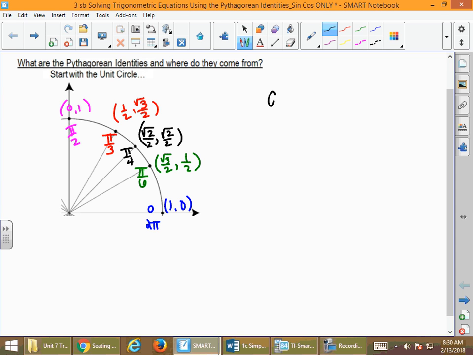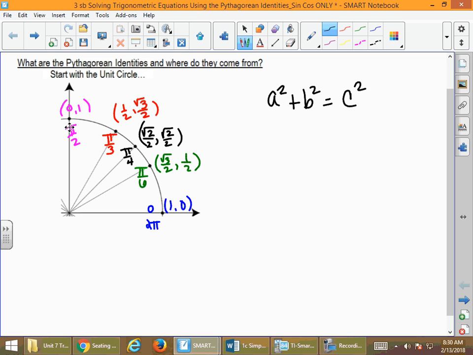the Pythagorean theorem is a squared plus b squared equals c squared. And if we think really far back to when we started trigonometry, we talked about drawing triangles in our circle.